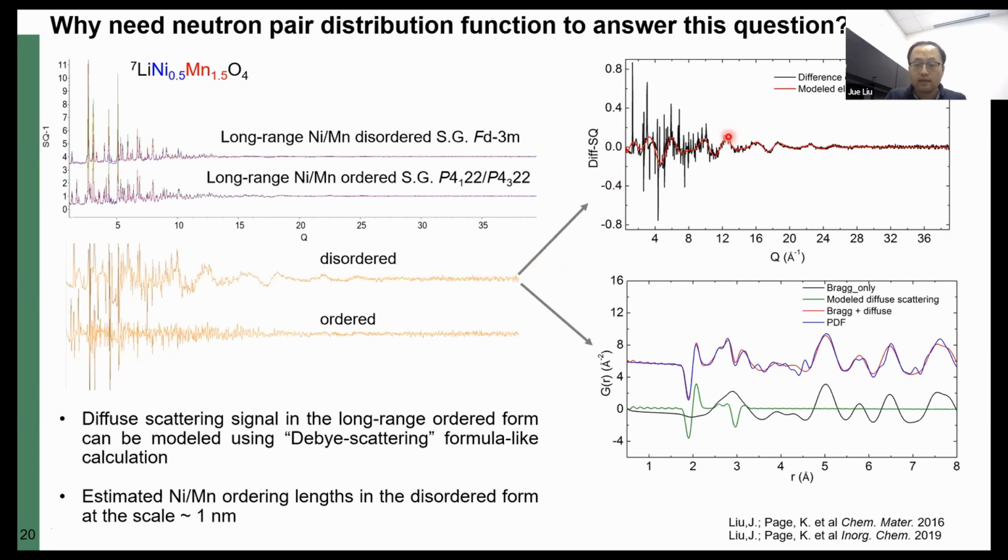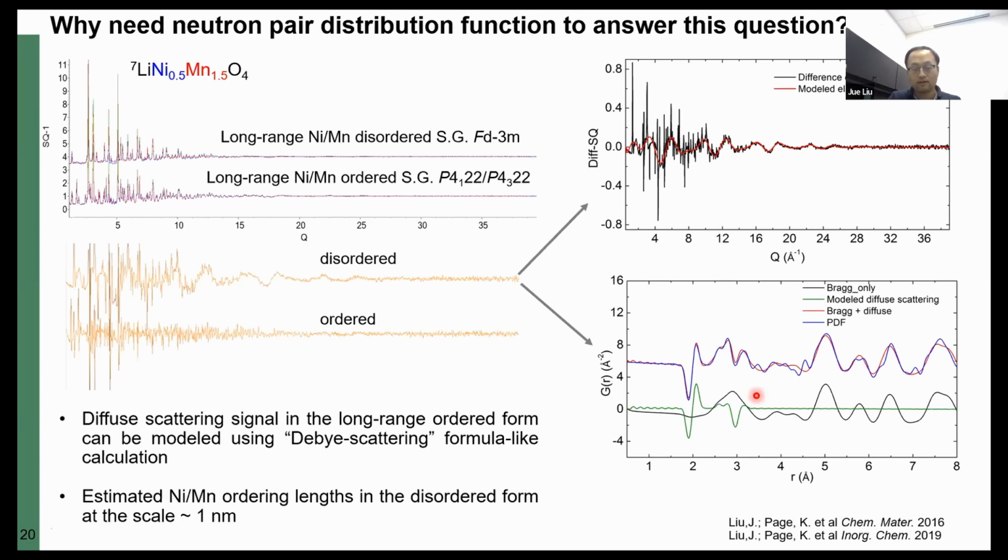So we can either analyze the data in reciprocal space, because the diffuse scattering signal is really strong for this type of material, or we can Fourier transform this oscillating signal into PDF, pair distribution function data, and then we can more clearly, from a chemistry point of view, separate the different contributions from either nickel-oxygen bonds or manganese-oxygen bonds.